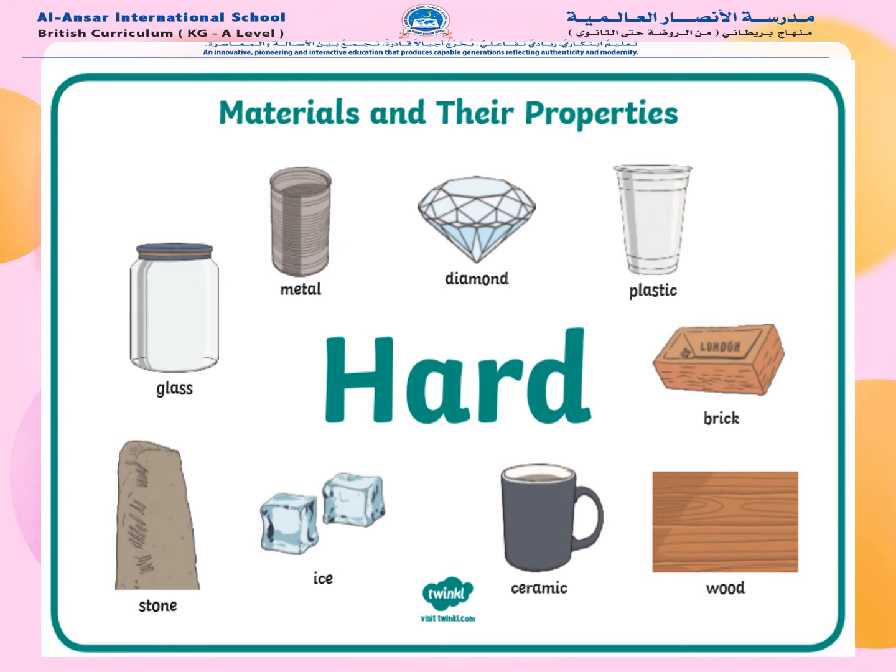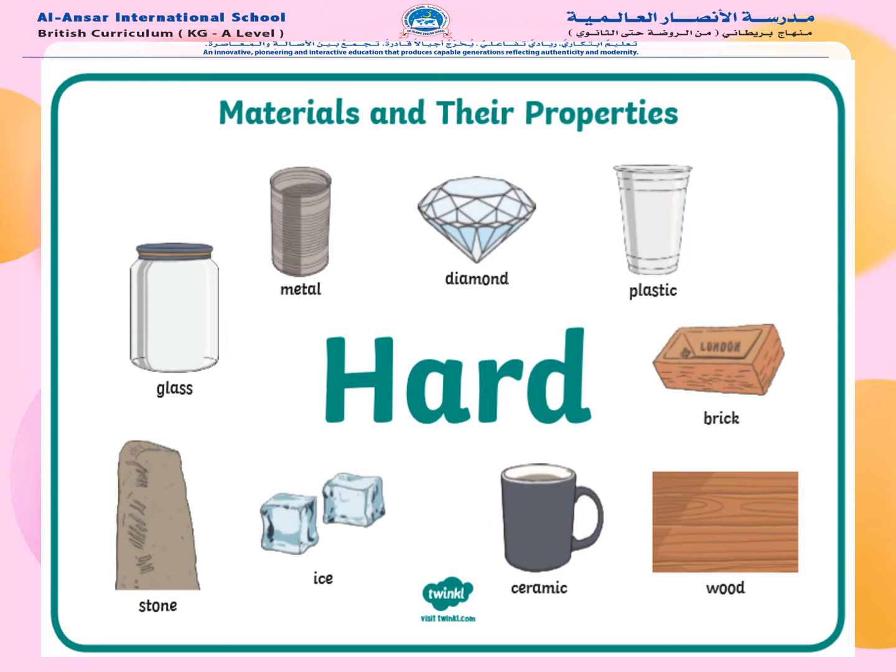You use which of your senses to touch and feel things? You use your sense of touch, your hand, to feel things. These things feel hard, like glass, rock, diamond. Some plastic things also feel hard, brick, wood.